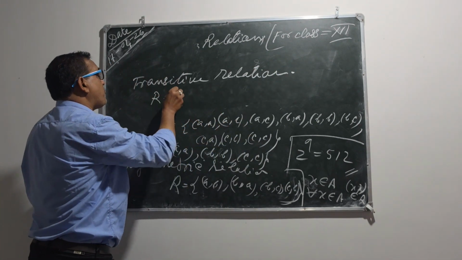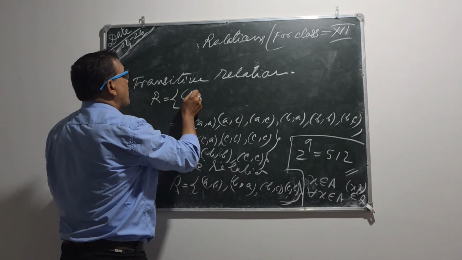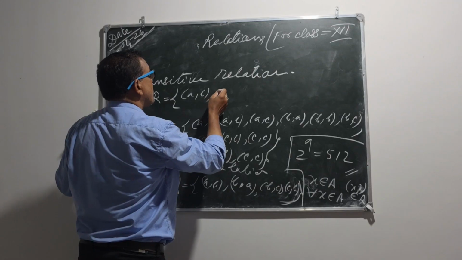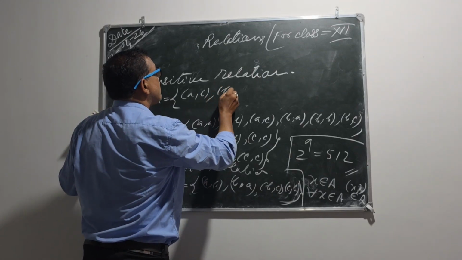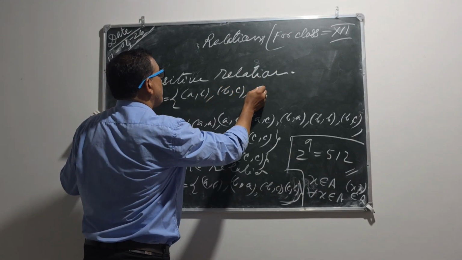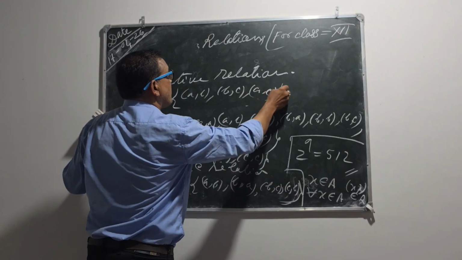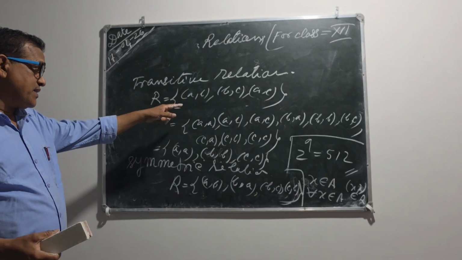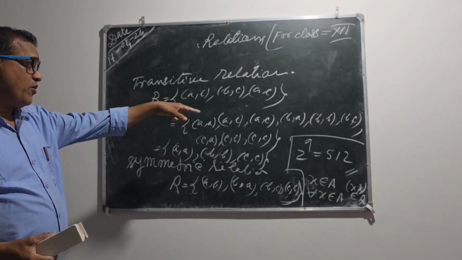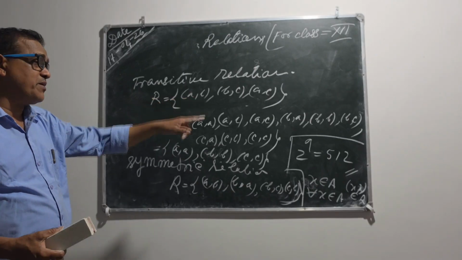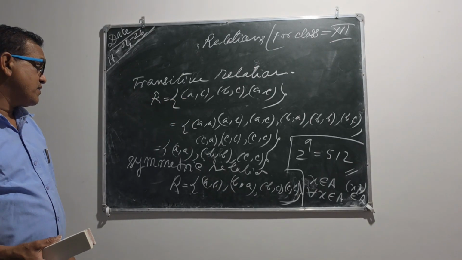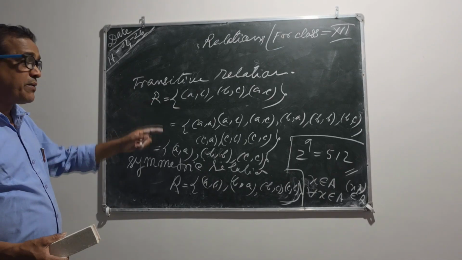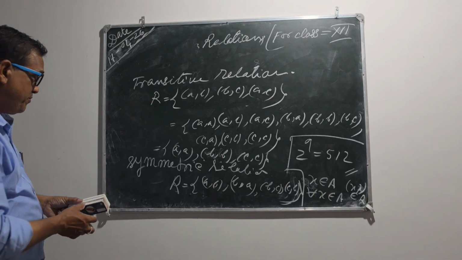Suppose we have been given (A, B), (B, C), and (A, C) also. For any relation, if there exist (A, B) and (B, C), that implies (A, C) must be present there, otherwise it is not transitive. So this type of relation we can say is a transitive relation.